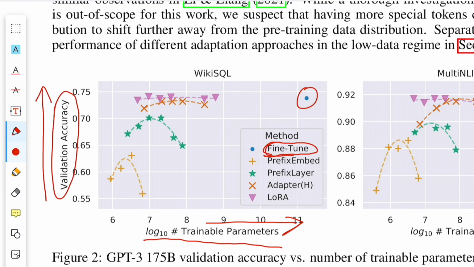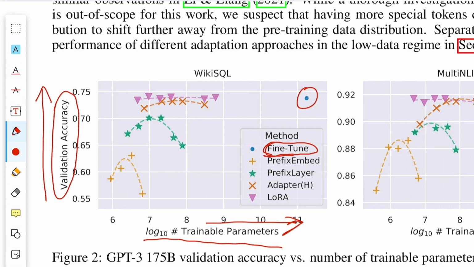The fine-tune method needs to update all the parameters, so the trainable parameters are on the right, and the accuracy is better than other methods. So it makes sense. But it costs a lot of money.